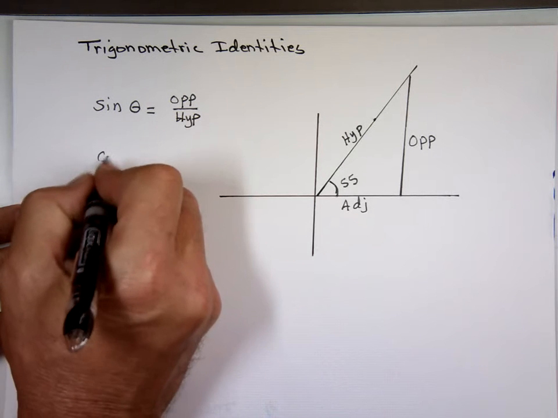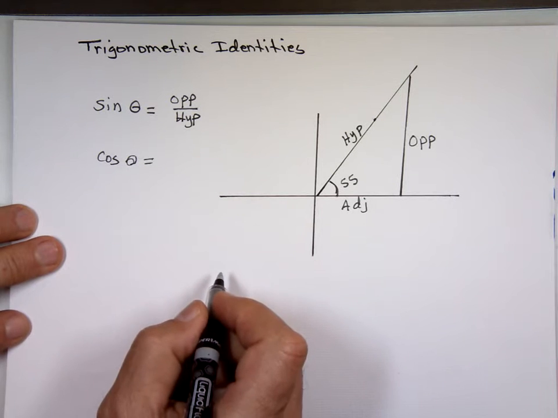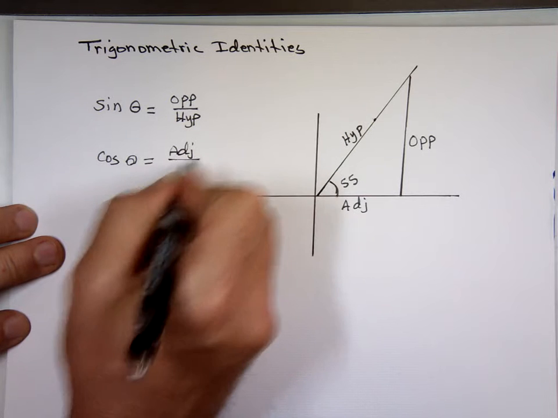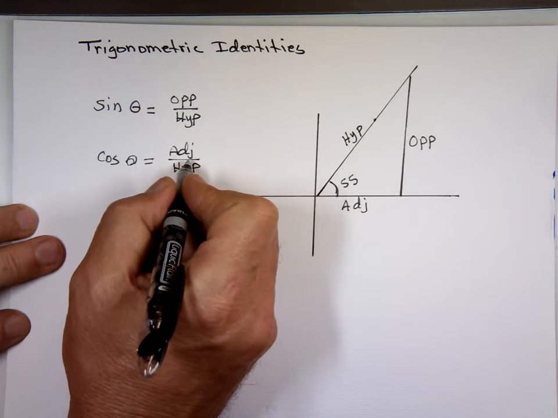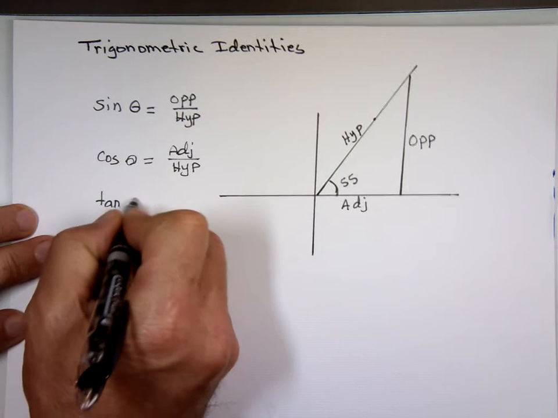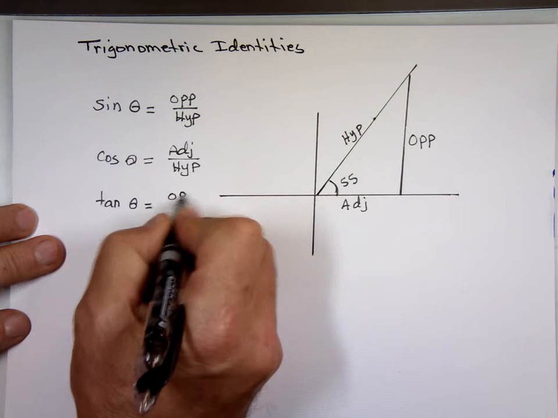The cosine is what? Adjacent over the hypotenuse. The tangent: opposite over adjacent.